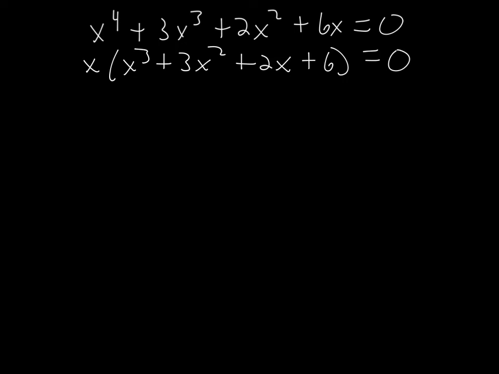So right there, just by pulling out this x that was in all of them, we have an answer already. We know that no matter what happens here, we have x equals 0. But this also needs to factor as well, and so we'll save this x equals 0 till later.